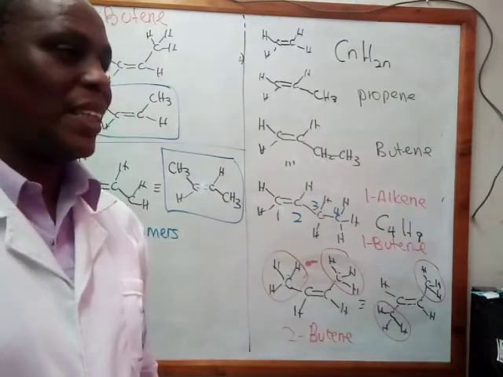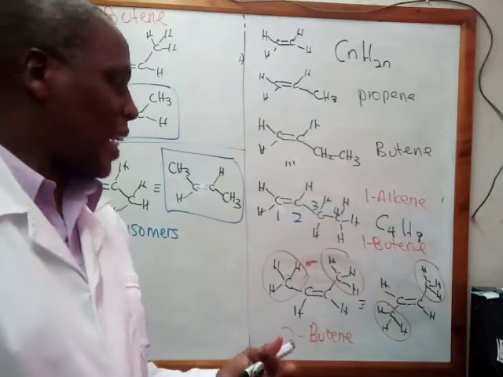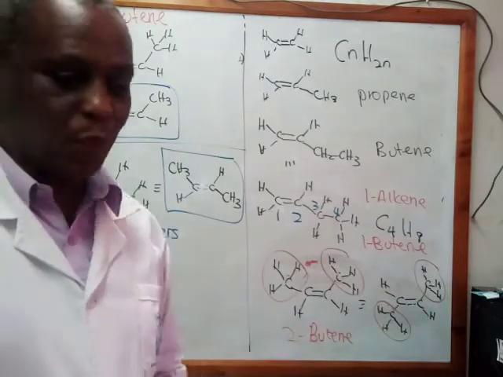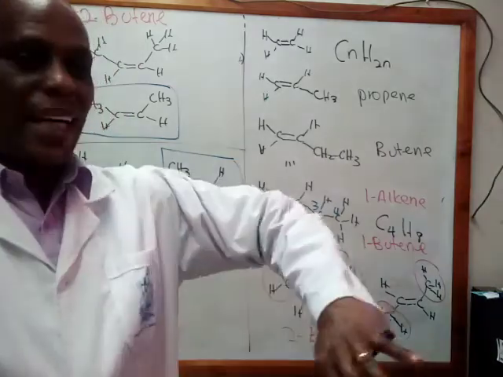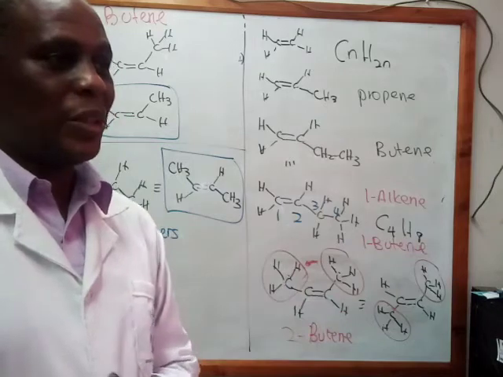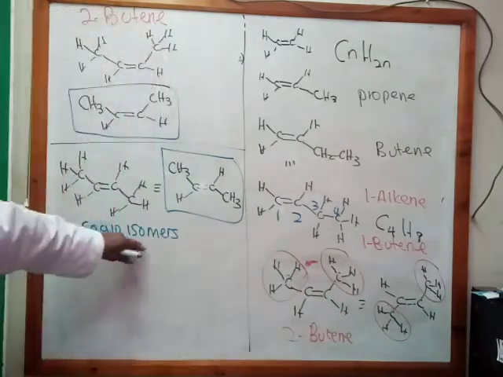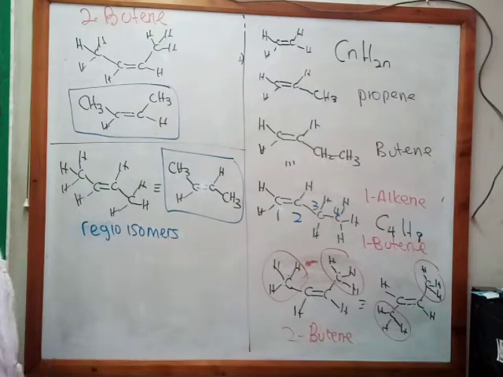It means that they are isomers that have got the same number of carbon atoms, but they differ in the way the atoms are oriented in space, in various regions. So they're called regioisomers.